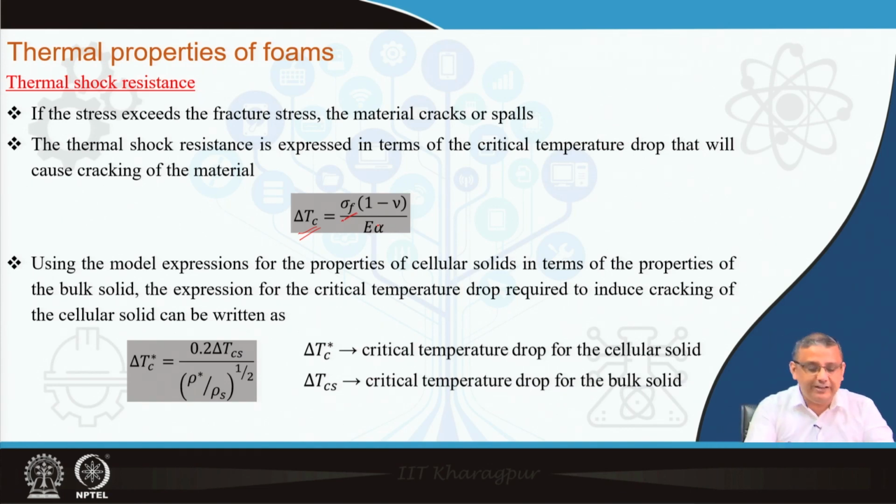So this has been done over here, and this way we end up with this expression, where rho star over rho s is the famous term that I have mentioned so many times. It is the relative density.